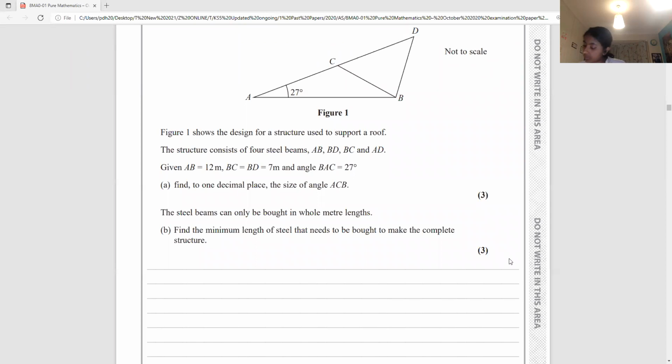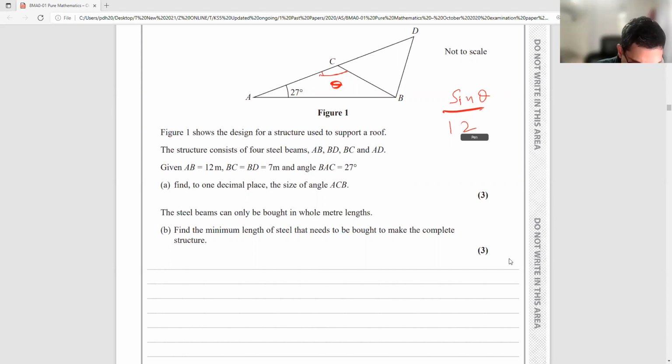So we know that sine theta over 12, because AB is 12, is equal to sine 27 over 7, right?